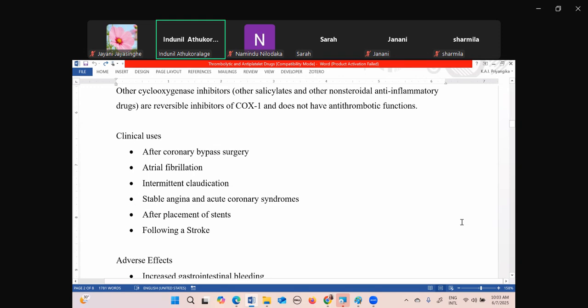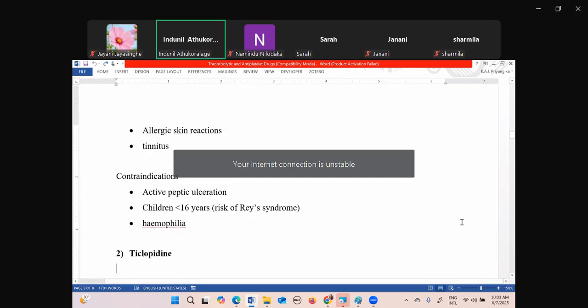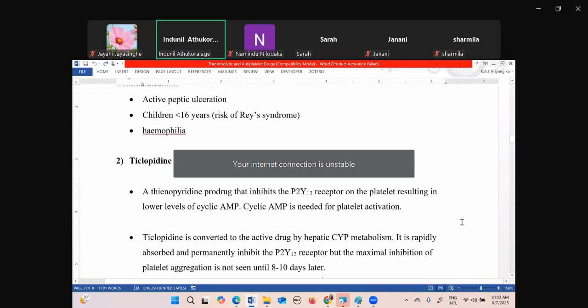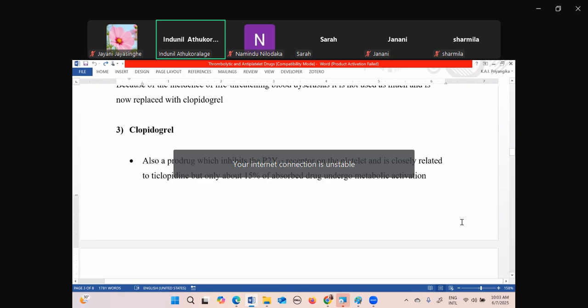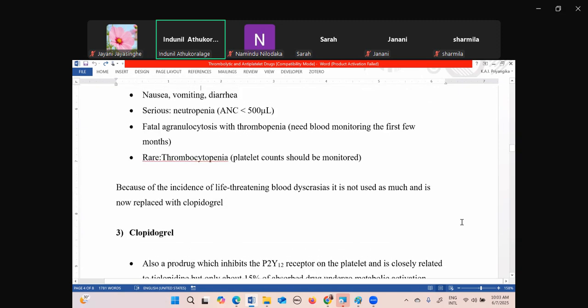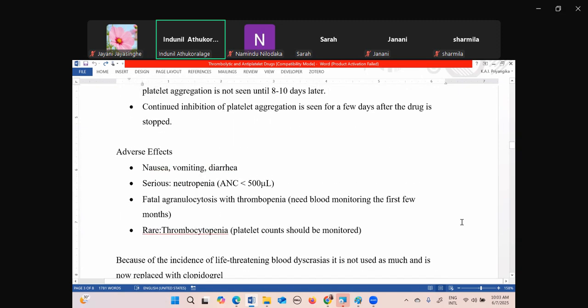If there are some terms we are not very familiar with, what is Reye's syndrome? What is thrombocytopenia? What is neutropenia? If you don't know, get to know what is thrombopenia. What is agranulocytosis? That is a fatal condition, so that can also happen.